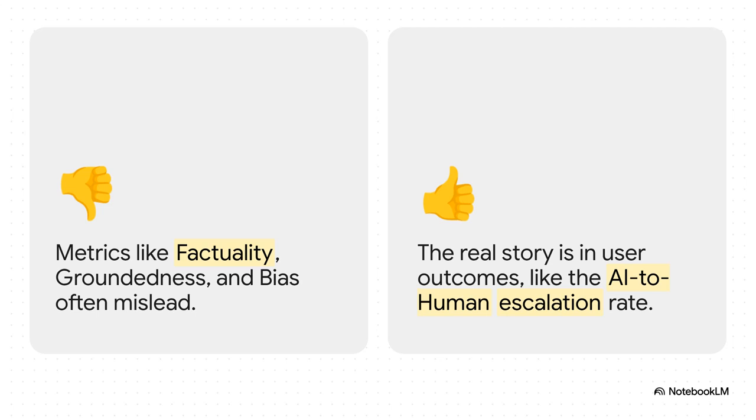Metrics like factuality or groundedness, they sound impressive, but they don't really tell you if the thing is actually helping your users. The real story, the meaningful metric, is found in what the user does. For instance, how often does a user just give up on the AI and scream for a human agent? That number, that escalation rate, that tells you the true story of whether you're succeeding or failing.